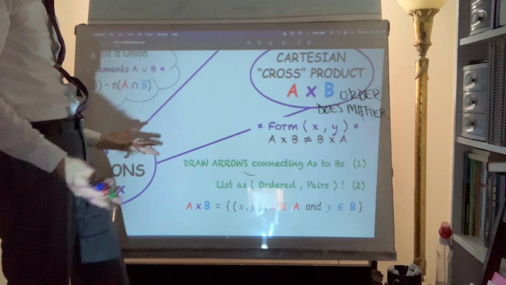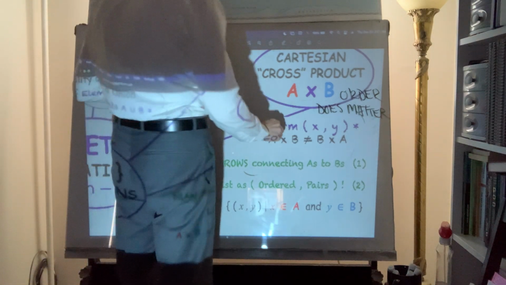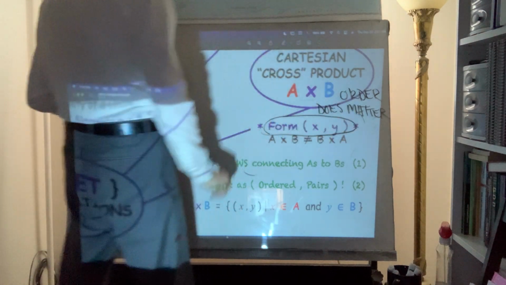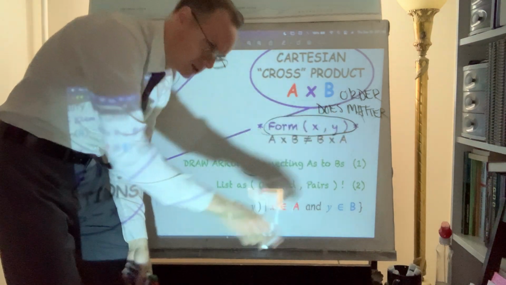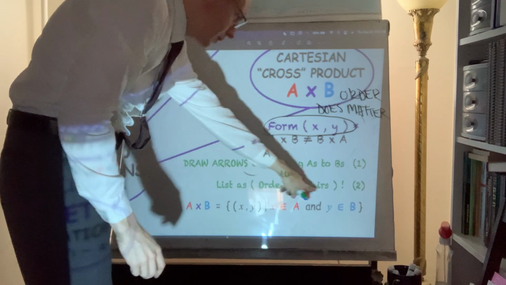What is essentially going on here? It's sort of like forming coordinates. So instead of having a list of individual elements, you're going to have a list of ordered pairs.